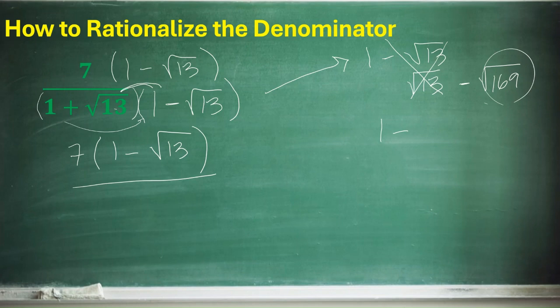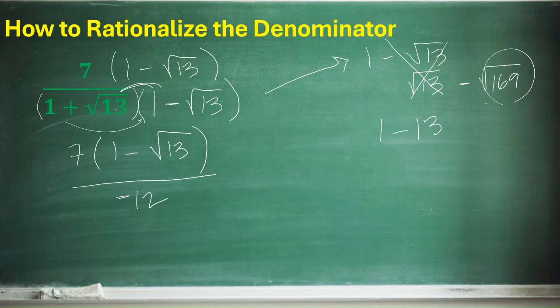We know that when we take the square root of 169, we get 13. So we end up getting 1 minus whatever the square root of our perfect square is, and that is the pattern that always happens. So in this case, it's negative 12.